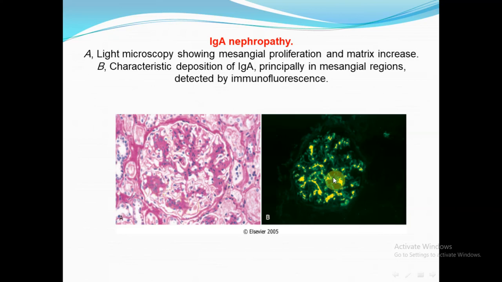And here we have immunofluorescence that shows deposition of IgA in the mesangial region. Here we have IgA deposition in the mesangial region by immunofluorescence, so it is IgA nephropathy.